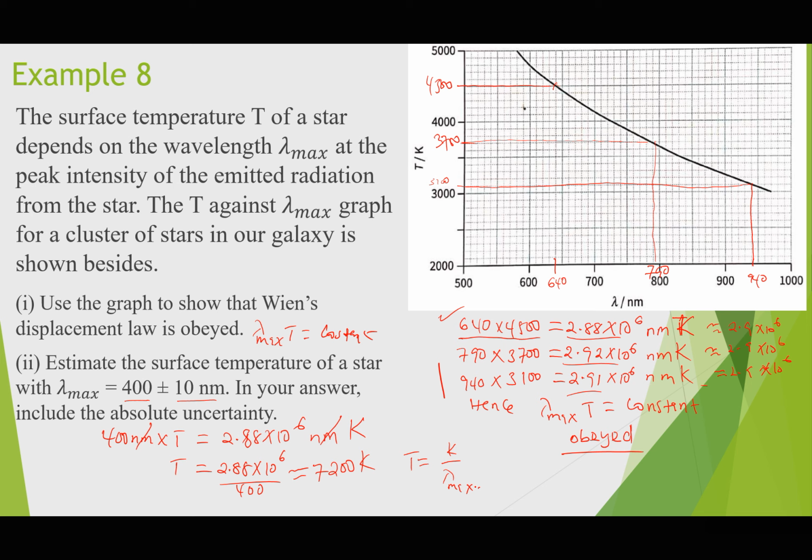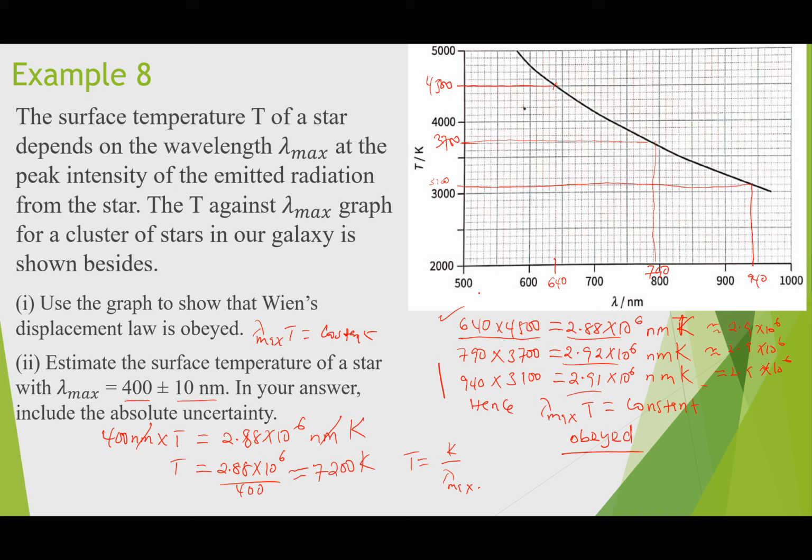I can find the absolute uncertainty from the graph. On the wavelength scale, the absolute uncertainty is going to be the value of one small division, which I think is 10. So the uncertainty on the x-axis is 10 nanometers also.